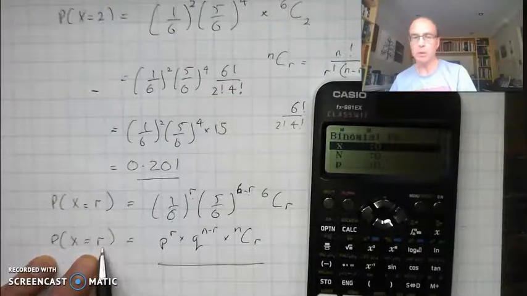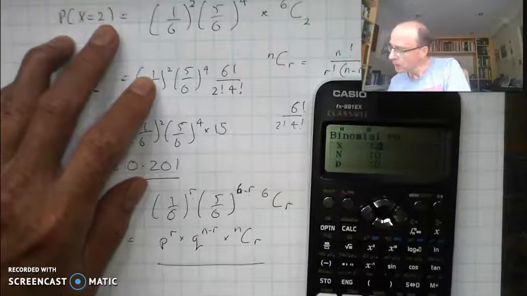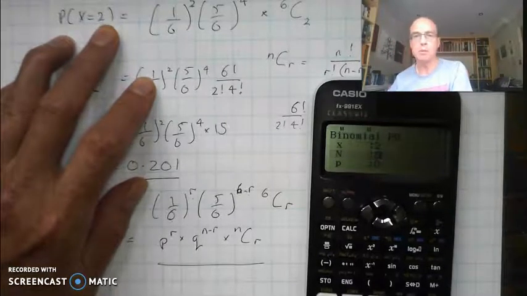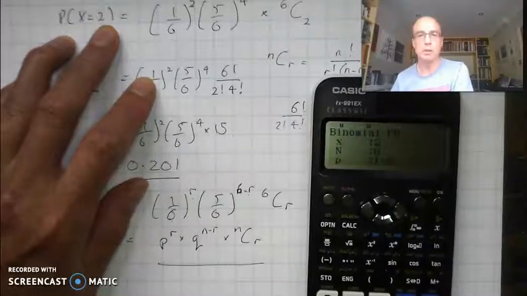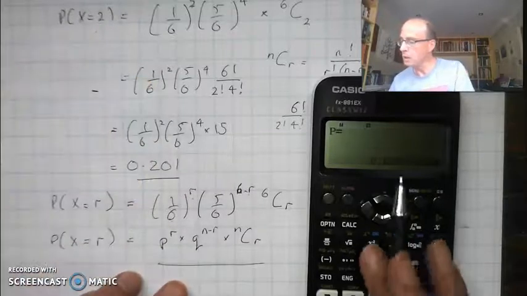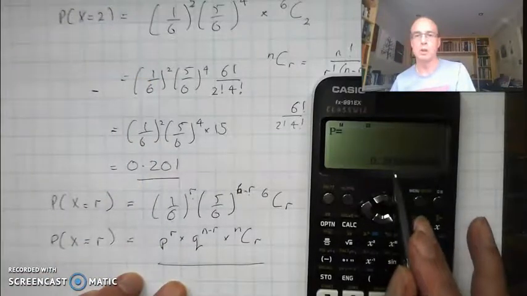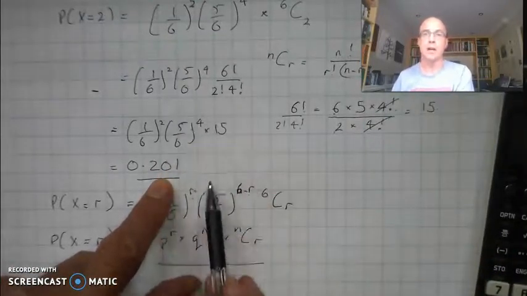So my value of X I'm looking for, in this case, let's do X equals 2. My number of rolls, well, I was rolling my dice 6 times. My probability of success is 1 divided by 6. Hit equals, and I've got the value 0.201. My 0.201 that I got from the long-handed method.